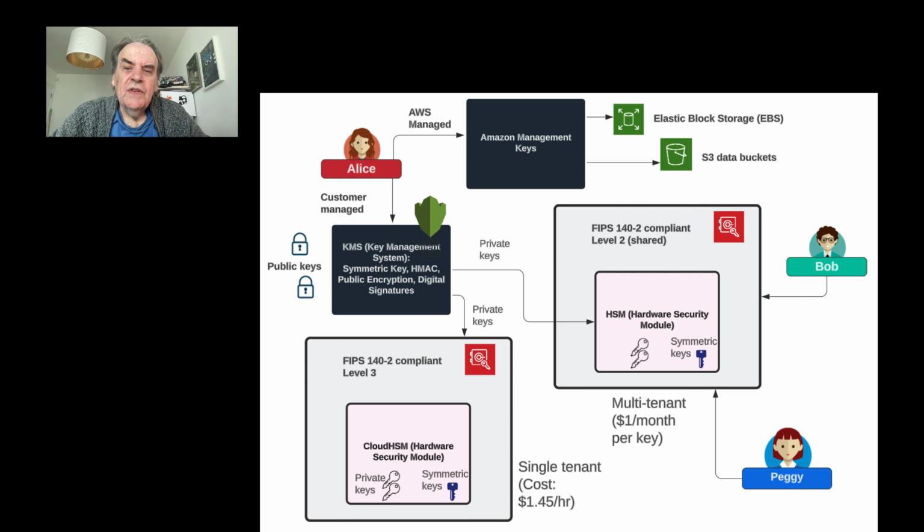They are only loaded when required. Encryption keys can be restricted to one region of the world unless defined by the user. With symmetric keys, the key never appears outside the HSM, and for asymmetric keys, that's public key encryption, the private key stays inside the HSM and only the public key is exported.